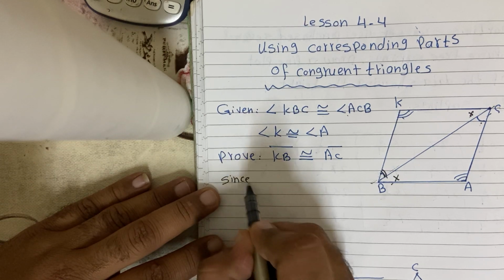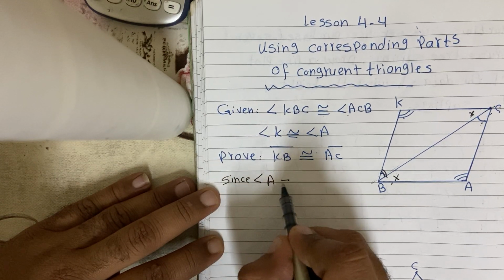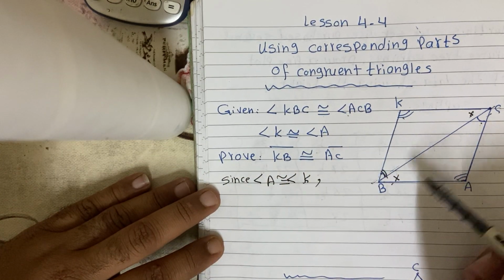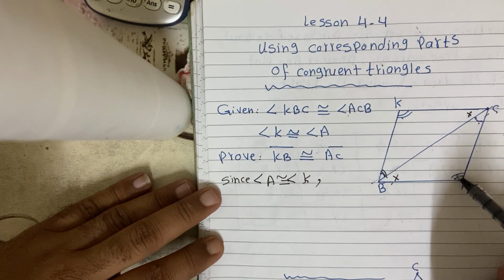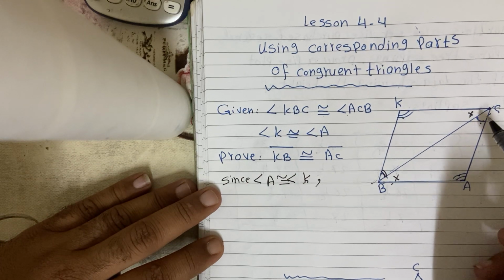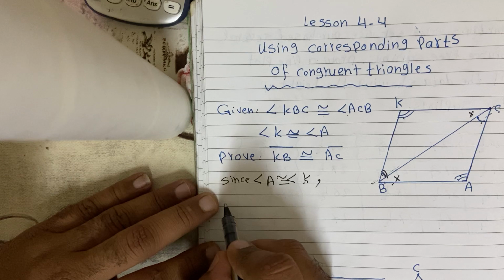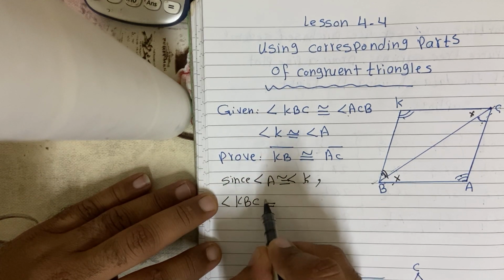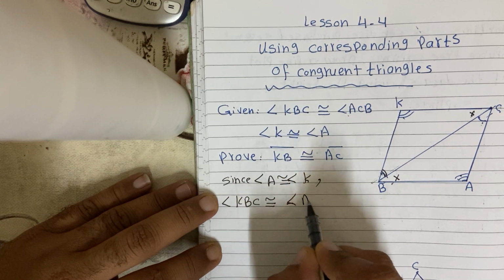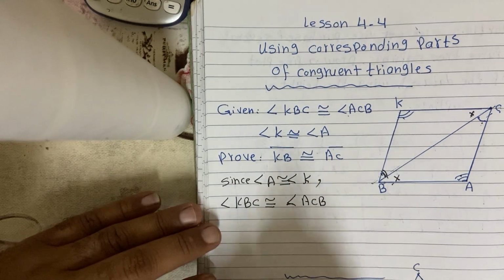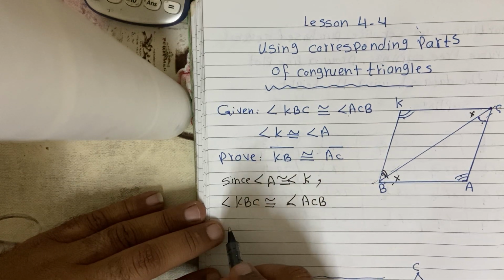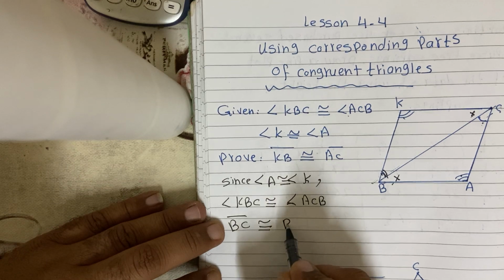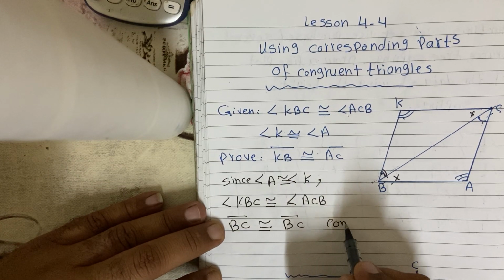Since angle A is congruent to angle K, and also angle BCA is congruent to angle CBK, and also angle KBC is congruent to angle ACB, and the third condition, BC is congruent to BC again, means common side.